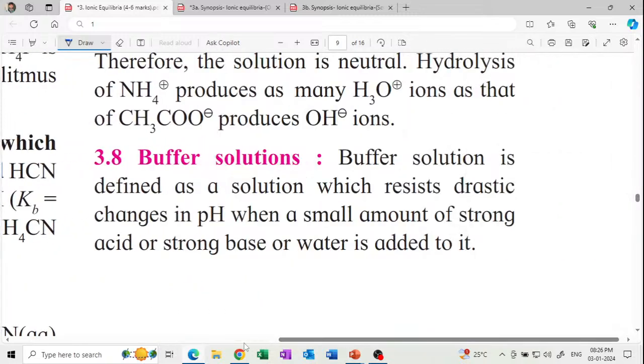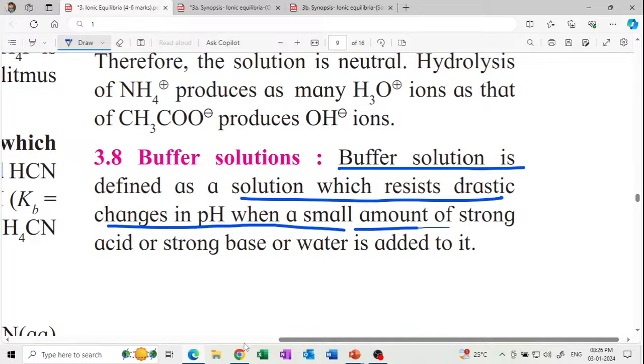So this is the definition of buffer solution. A buffer solution is defined as a solution which resists drastic changes in pH when a small amount of strong acid or strong base is added to it.